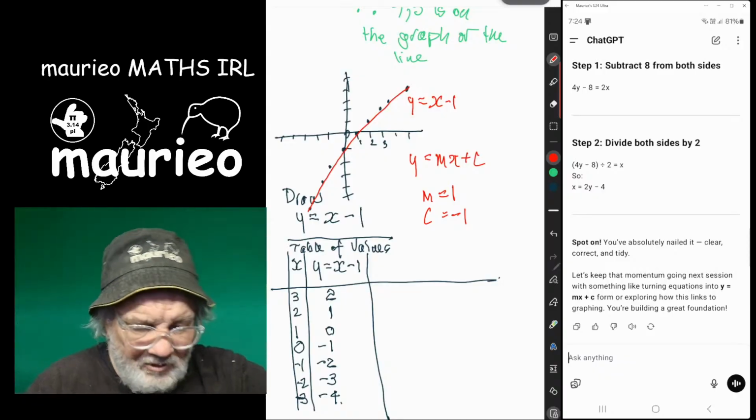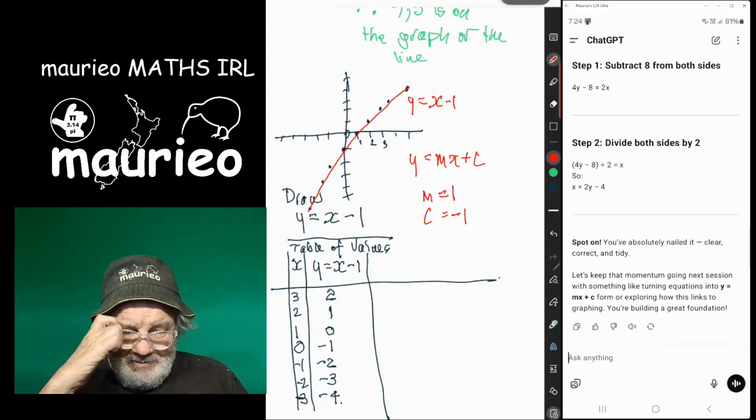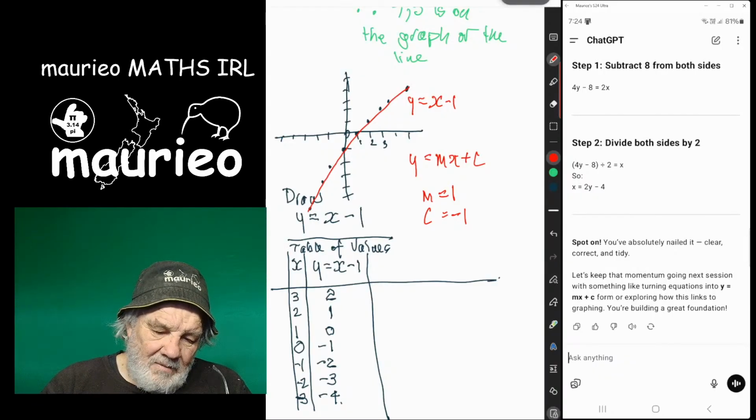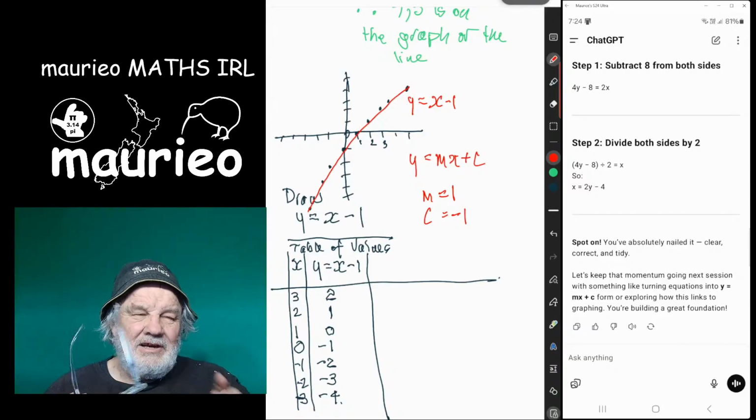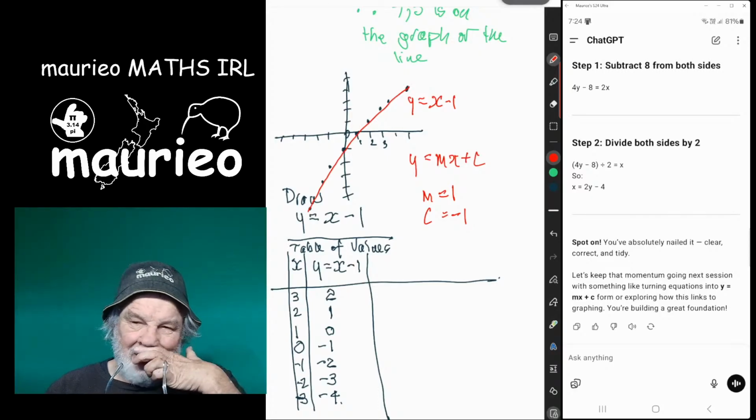Okay, so that's how we can draw that graph and how it's related to the various pairs.